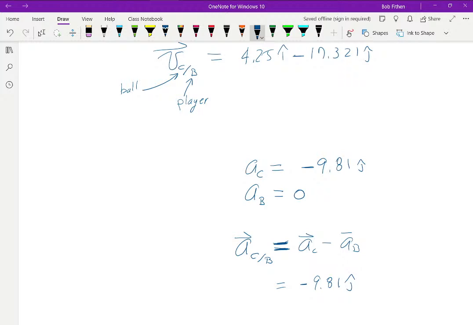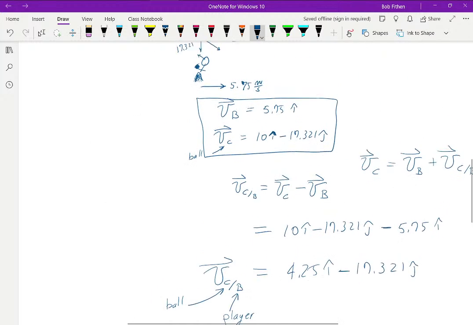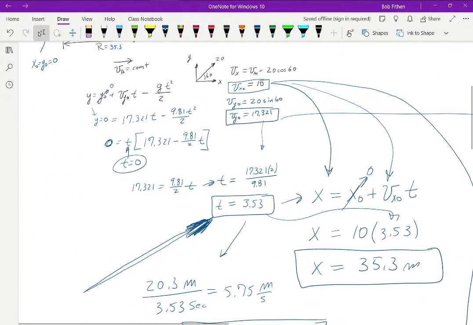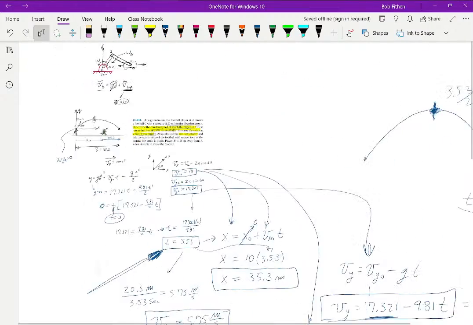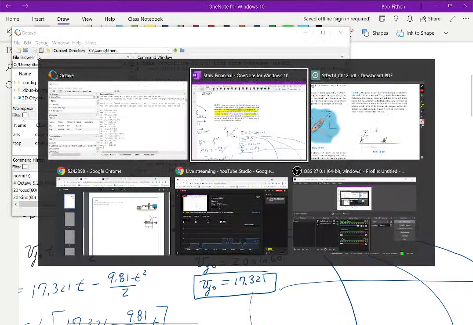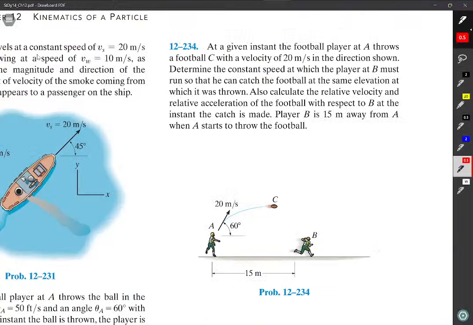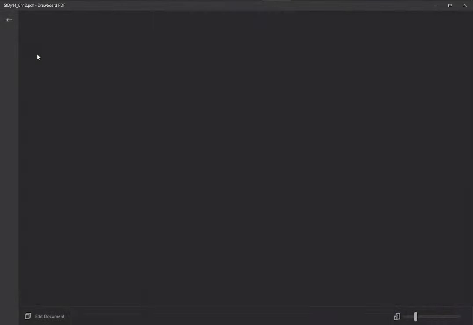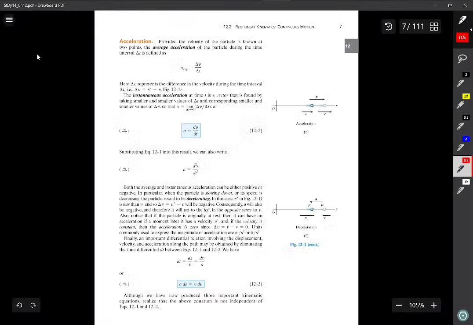Okay, so now if you want to check, let's see, I do have the problem number 12234. Let's see if I can find the solutions. This might be a difficult task, might be impossible. Okay, that didn't work.